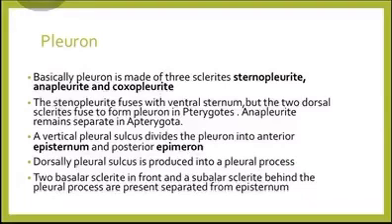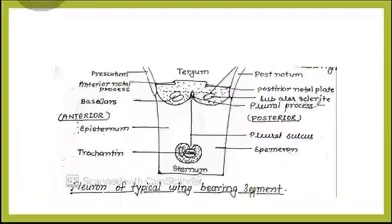There are two basalar sclerites in front of this pleural process and one subalar sclerite on the posterior part, just behind the pleural process, and these small sclerites have been separated from the episternum. All these sclerites help in the wing movement, in the wing articulation. Here is the diagram of the pleuron.